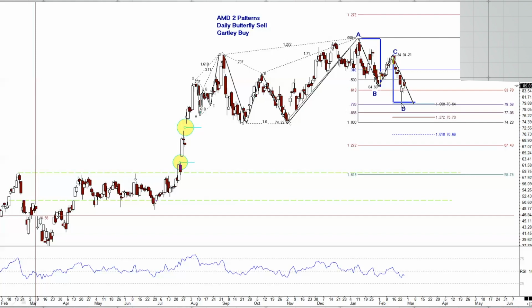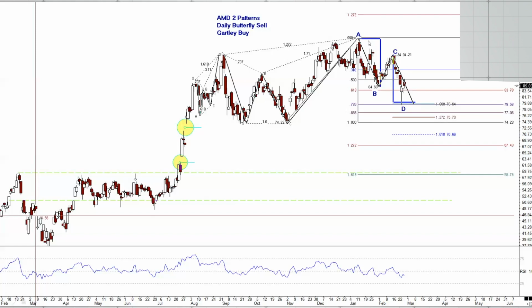So that is a form of asymmetry. And so sometimes what happens when you have an asymmetrical CD leg to your AB leg is that more time is needed for the pattern to fill out, and that can occur in a couple of ways.